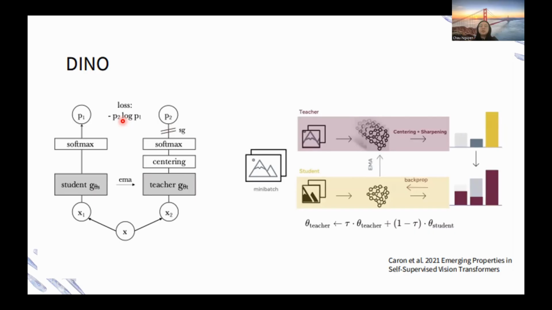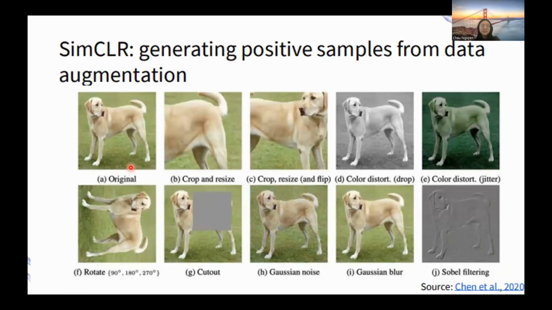From the original image, we will generate multiple image augmentations, which are our positive examples. In particular, we will have the global crops, which are the large views of the image, and then we will also have the local crops, which are the smaller patches. For example, here we have the original, and then we have the local crops.